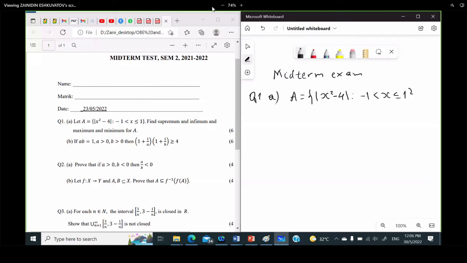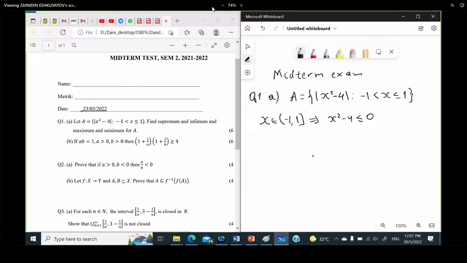Okay, what is this set actually? You should discuss about the admissible values of this function. Look, if x varies on this interval from -1 to 1, the half open interval, then this x square minus 4 is always less than or equal to 0, right?